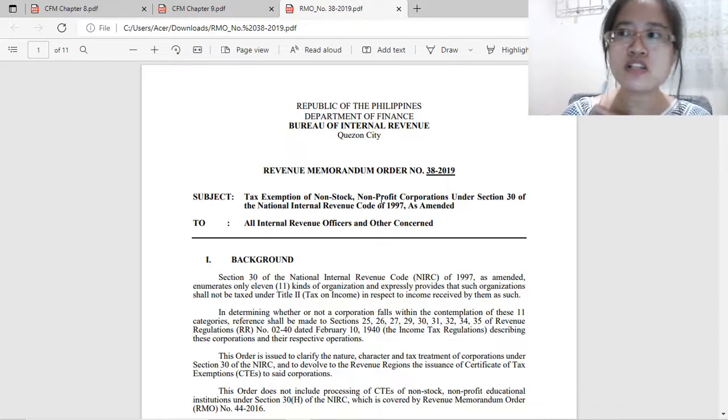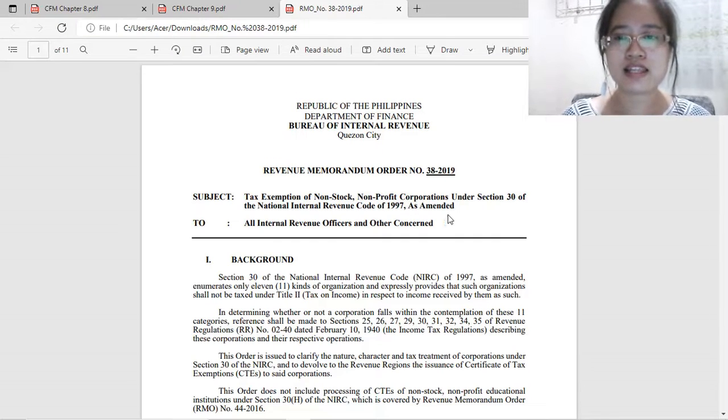Churches are normally registered as non-profit corporations, because there's that statement that there's no inurement of benefit to another third person.